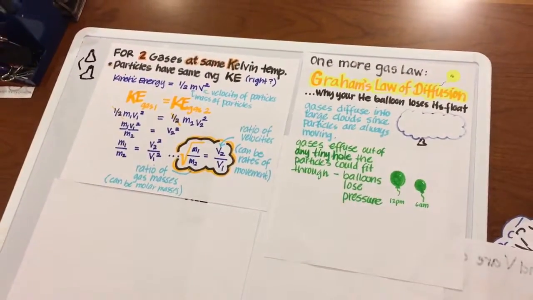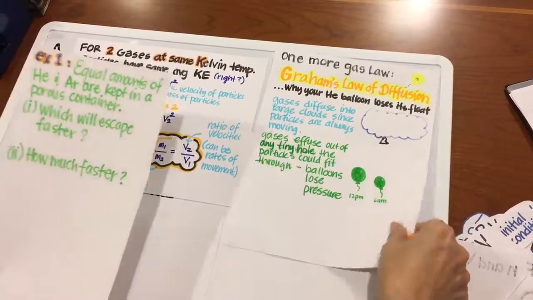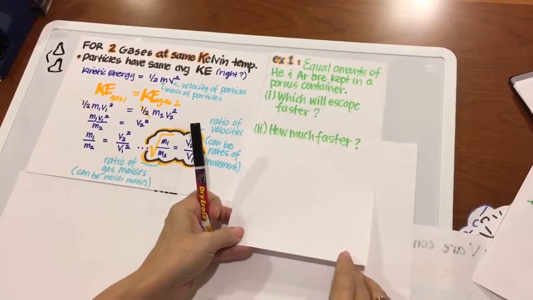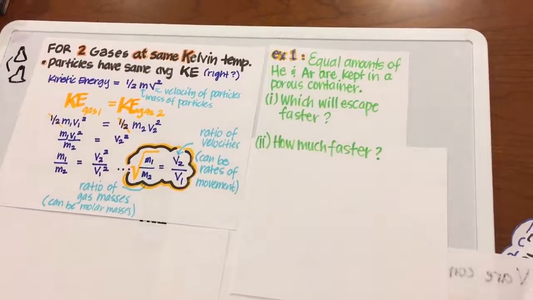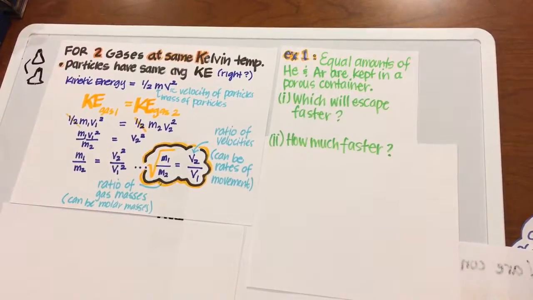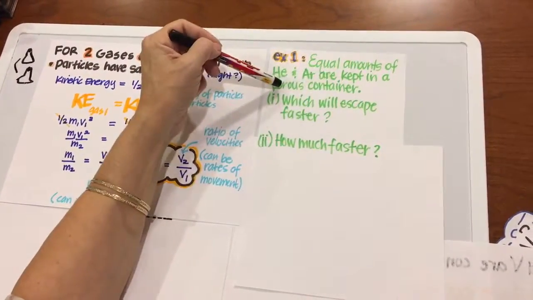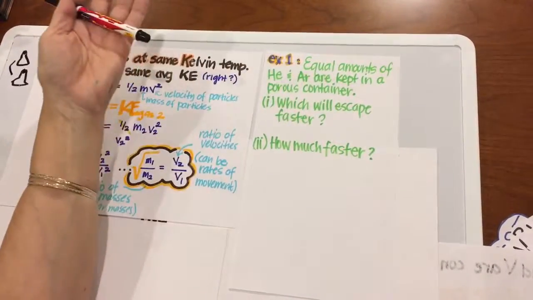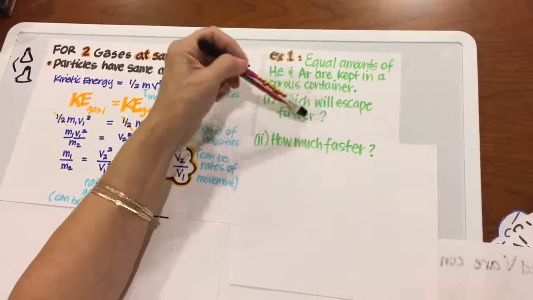I want to try an example problem. We're going to do a few example problems where we're going to apply Graham's law of diffusion. So let's read it. Equal amounts of helium and argon are kept in a porous container. Well, that means we're going to see effusion. The question is, which will escape faster?